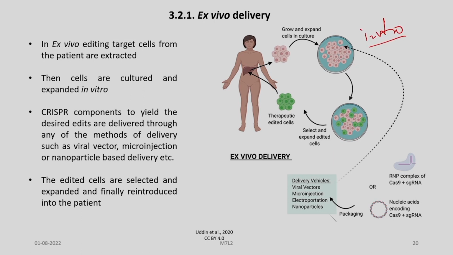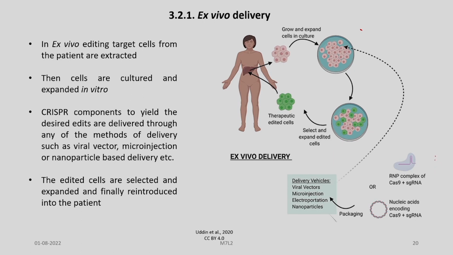The CRISPR components to yield the desired edits are delivered through any of the methods of delivery which we have discussed earlier, including viral delivery. The edited cells are selected and expanded and finally reintroduced into the patient.